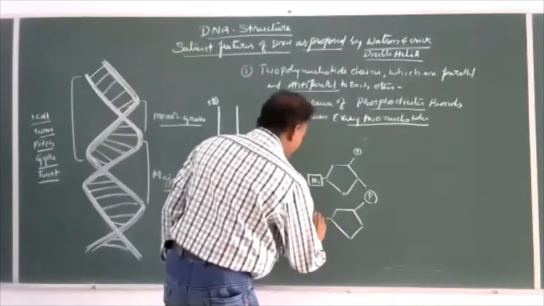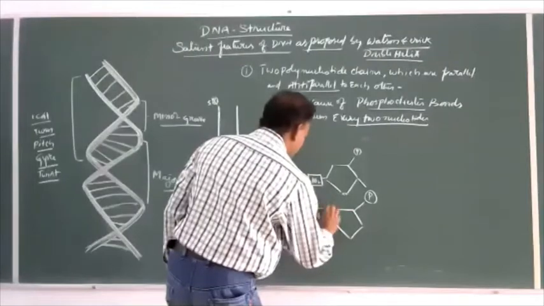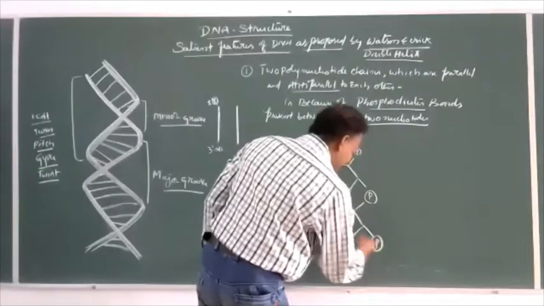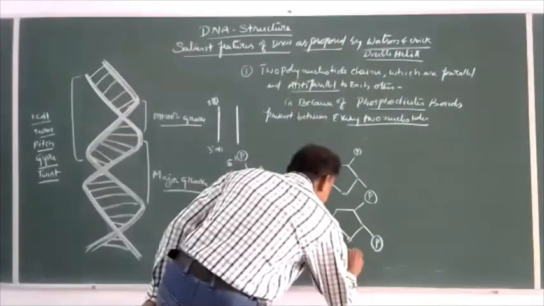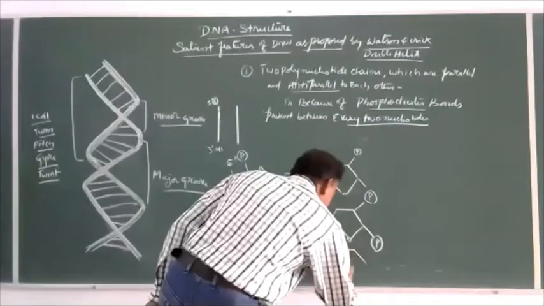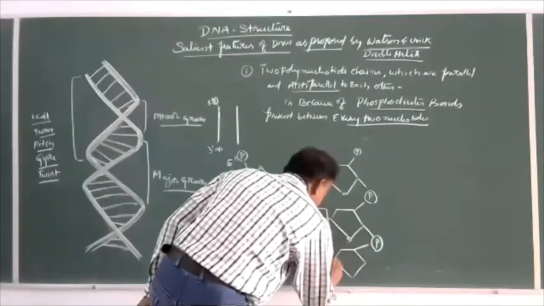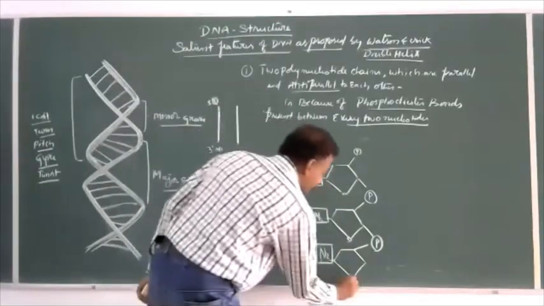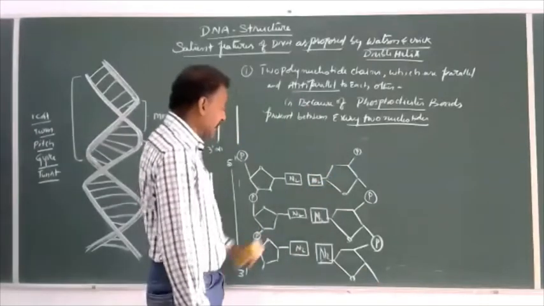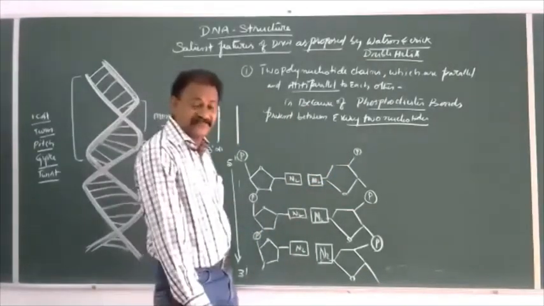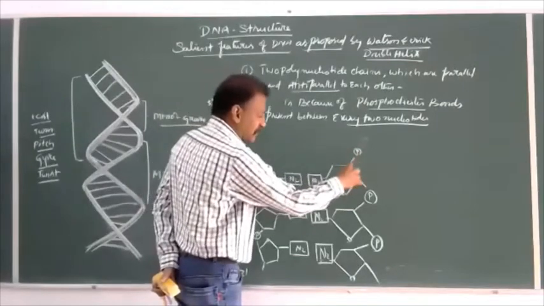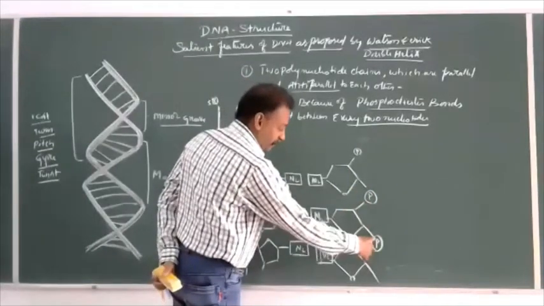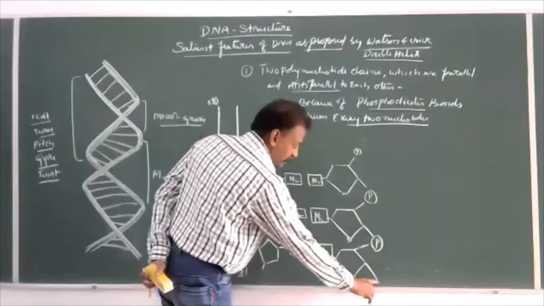First, N2 base, again first N2 base. So here the direction of phosphodiester bond formation starts with 3' to 5', 3' to 5', and goes on.